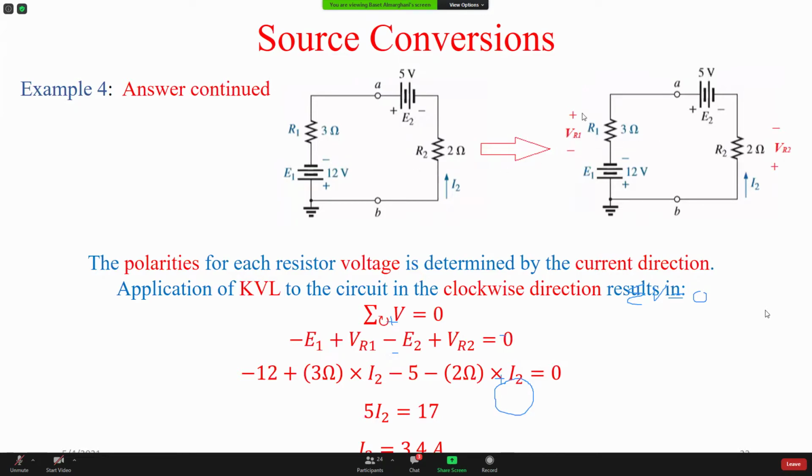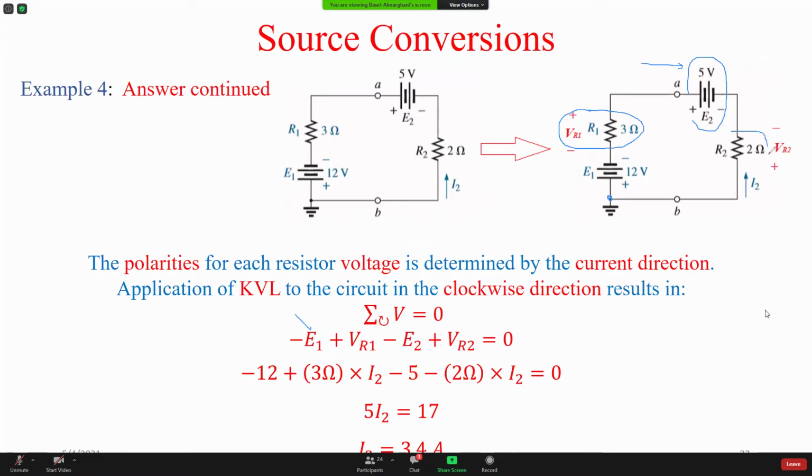This is the polarity of the voltage across the resistors based on the direction of the current. Then I start from a point. If I start from here, I go all around the closed loop. From positive to negative is minus E. Then going from negative to positive, it's plus the voltage here, plus the voltage here. Then going this way, from positive to negative, it's negative the voltage across the battery.